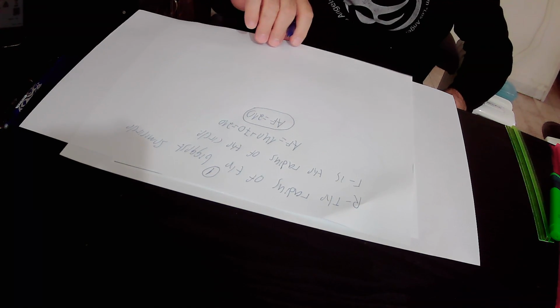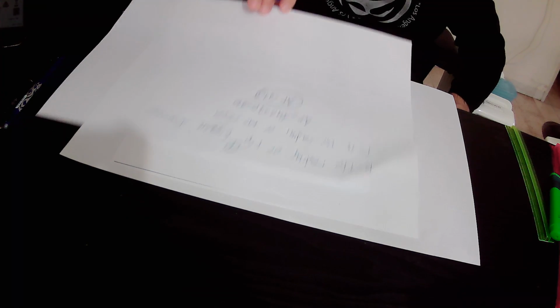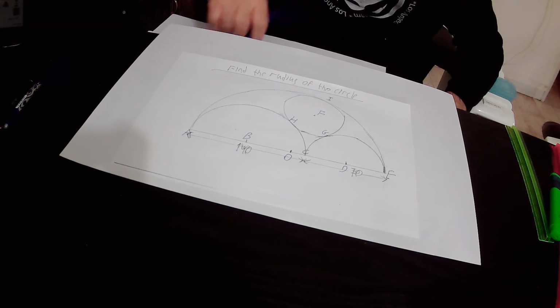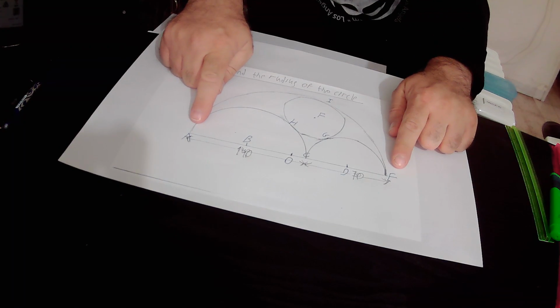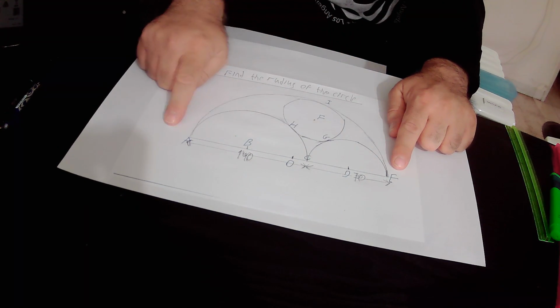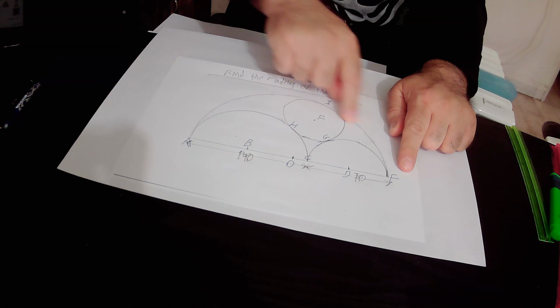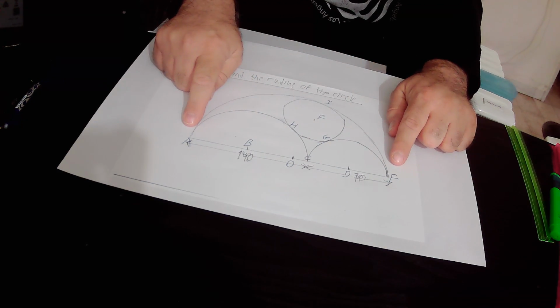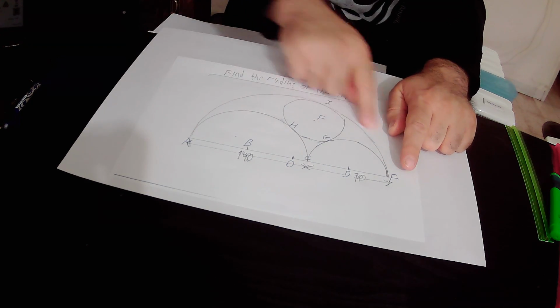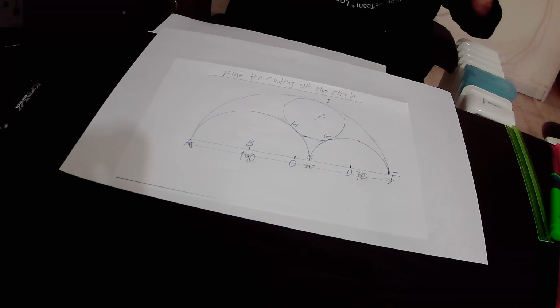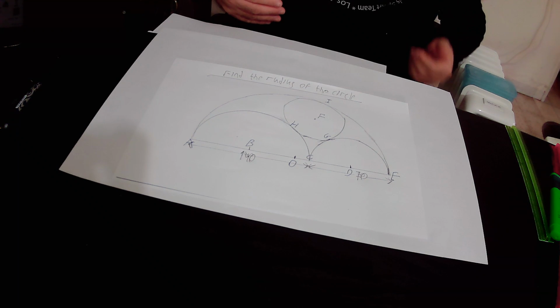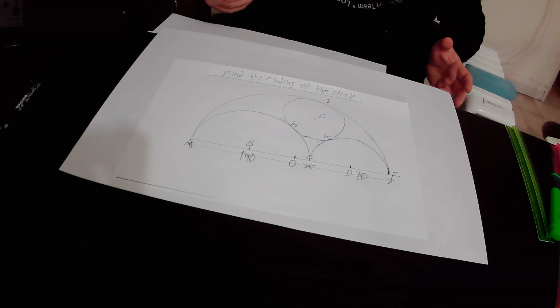But what is actually line segment AF? From the drawing, it is very easy to see that AF is the diameter of the biggest semicircle. Okay, AF is the diameter of the biggest semicircle, and therefore we know that the diameter of any circle or semicircle is twice as long as the radius.